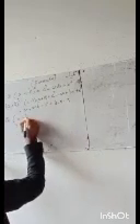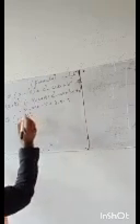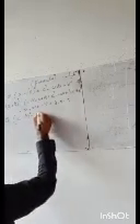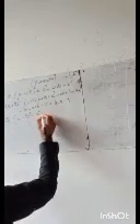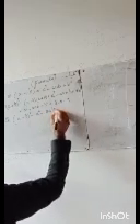Second formula: a minus b square is equal to a square minus 2ab plus b square.